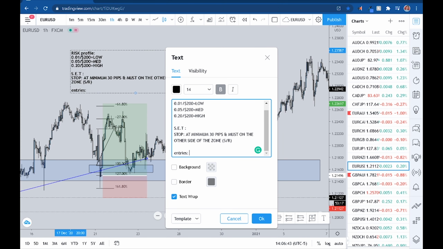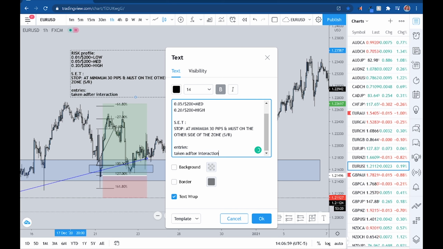Entries. When using this method, and actually how I was going about doing this in the last 2 or 3 weeks or so, the trades are taken after interaction with the 127 or, right?